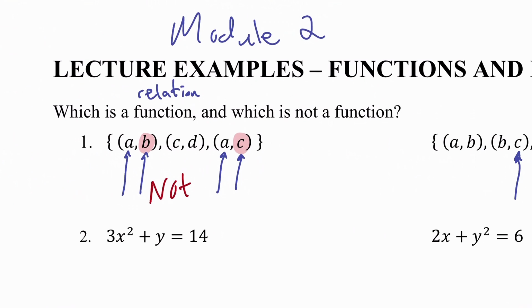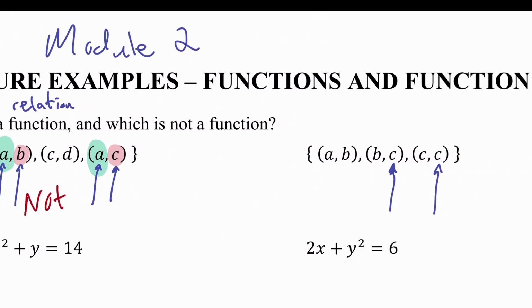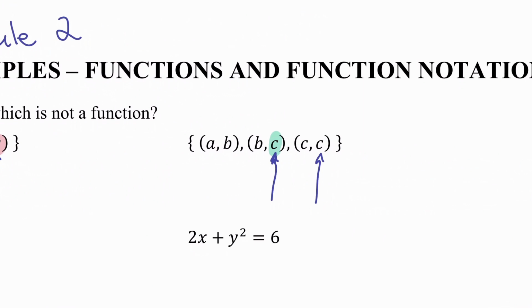Over here, we have A appearing as an input twice with different outputs. That's not allowed. Over here, we have C appearing twice with different inputs, but that's okay. It's okay in a function for two inputs to result in the same output. Why is that? Well, that'll become more clear in a minute. So this one appears to be okay.